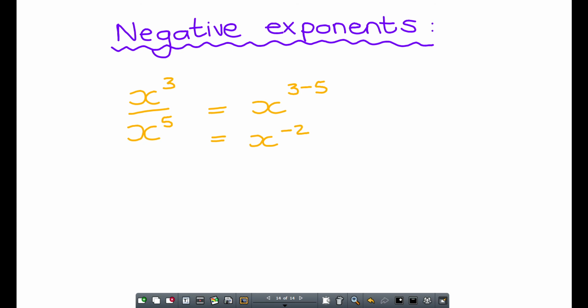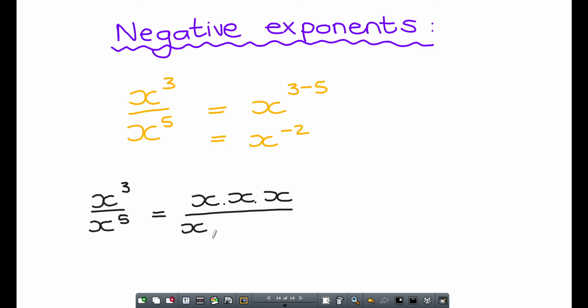Now, let's do that same thing, the long method. So x to the power 3 over x to the power 5 is actually the same as x times x times x, and at the bottom 1, 2, 3, 4, 5 of those.